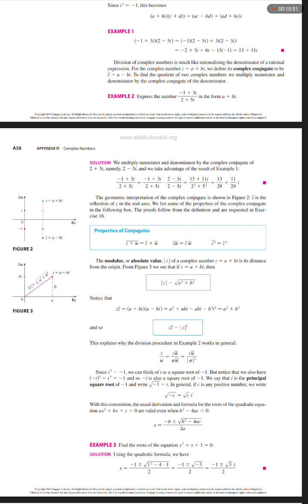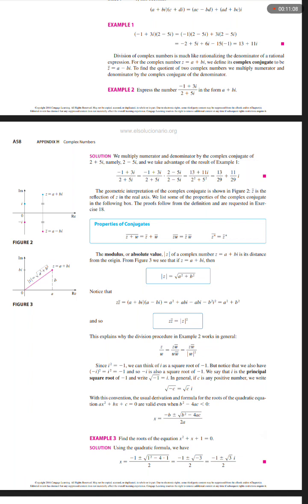Since i squared equals -1, we can think of i as a square root of -1, but notice that we also have (-i) squared equals i squared equals -1, and so -i is also a square root of -1. We say that i is the principal square root of -1, and write the square root of -1 equals i.